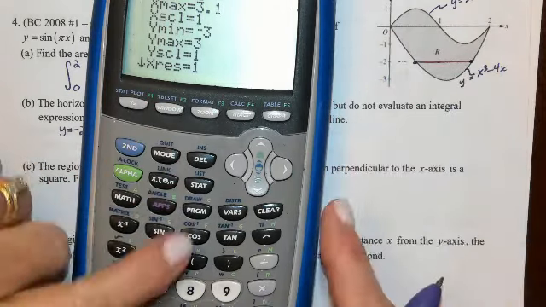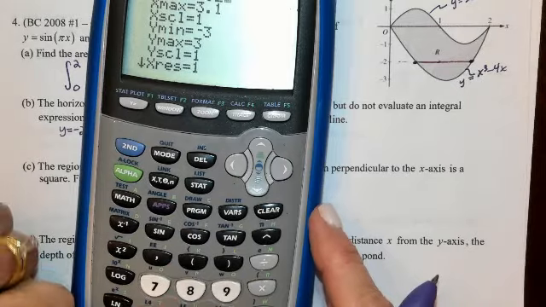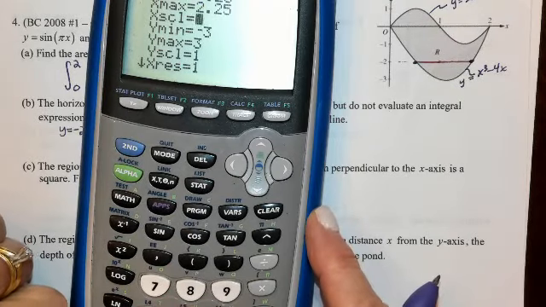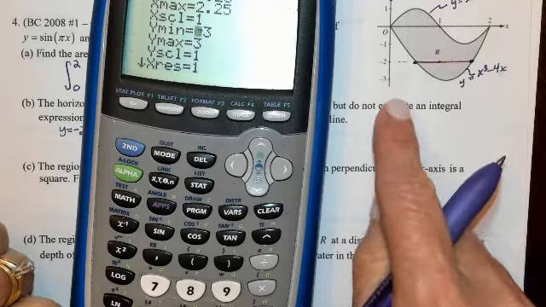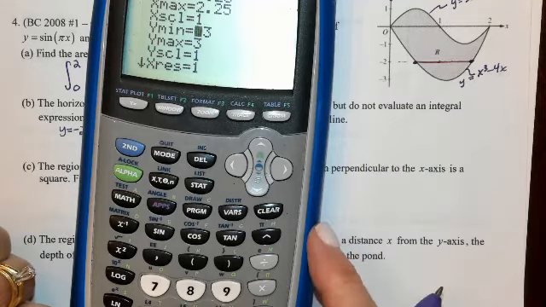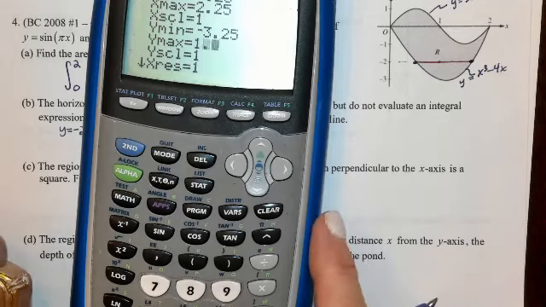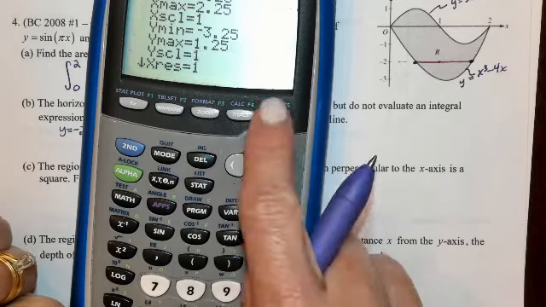I like that too. So I'm going to go from like -0.25 to 2.25 on my x's, and I'm going to go from -3. Looks like they went a little bit beyond -3, so maybe -3.25 to 1.25 on my y's.